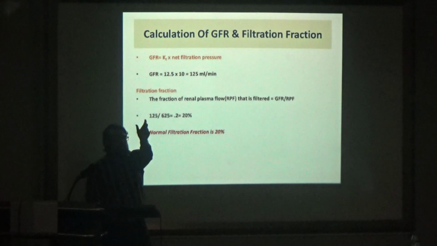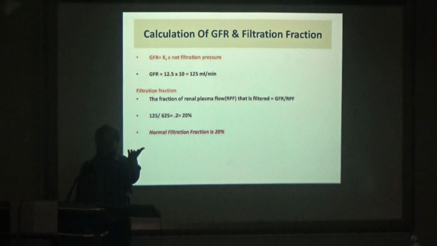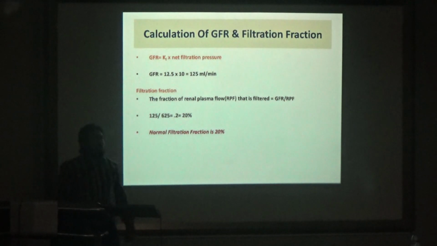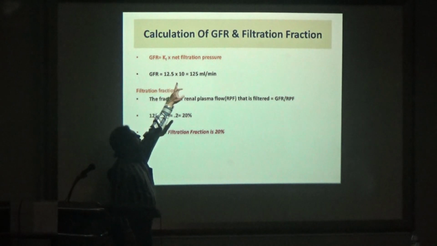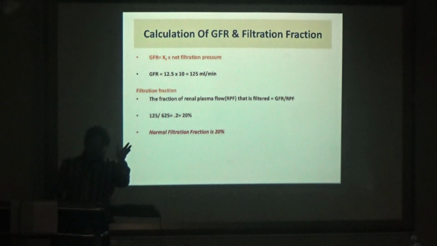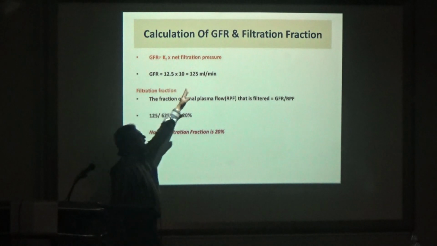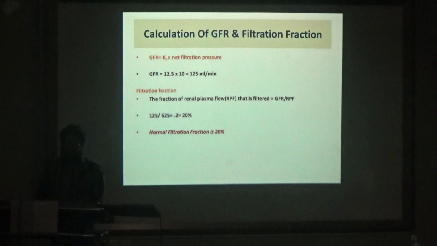We were also provided with Kf, the coefficient of filtration, 12.5. And the net filtration pressure we calculated was around 10 millimeters of mercury. So it came out to be GFR again 125 ml per minute. This was the other way.